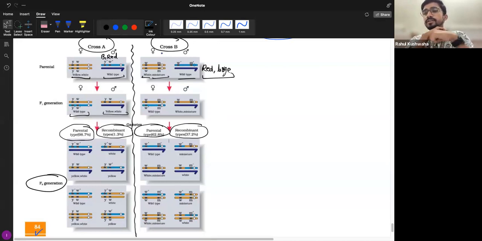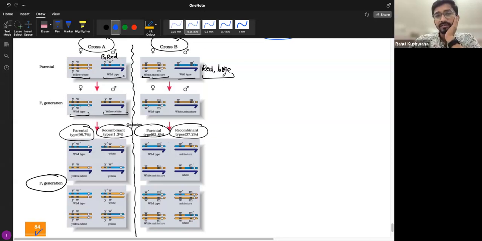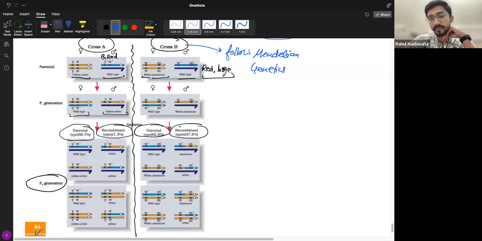Aisha, you're going to tell me this. Cross B follows Mendelian genetics? Why do you say that? Mendelian inheritance is followed in cross B. Why do you say that?